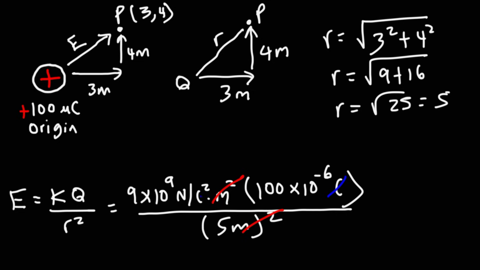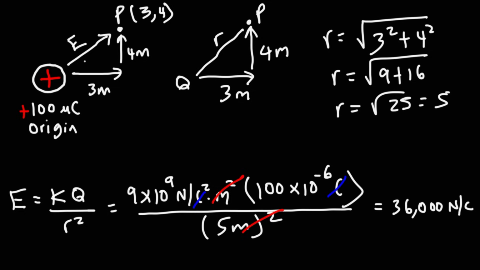Only one of the coulomb units cancels, so we get the electric field in newtons per coulomb, since we have 1 coulomb left over. So it's 9 times 10 to the 9 times 100 times 10 to the minus 6 divided by 5 squared. So we get the magnitude of the electric field as 36,000 newtons per coulomb.